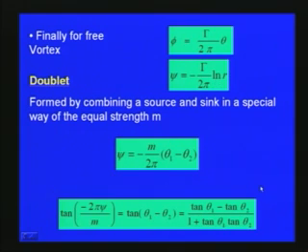Another important elementary, basic potential flow is called the doublet. We have already seen the uniform flow, then we have seen source and sink, and also the vortex. Now we will see the last one in these elementary potential flows, called the doublet.